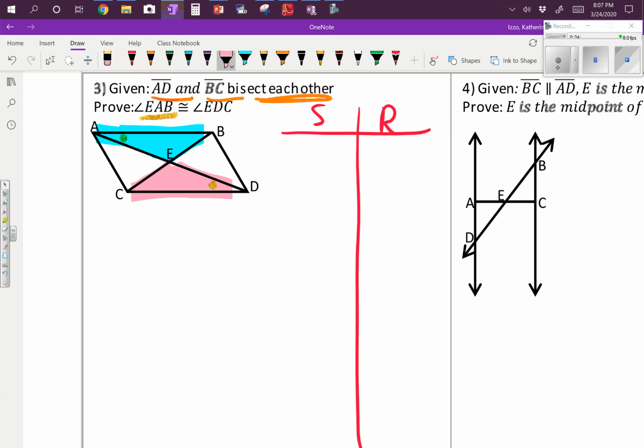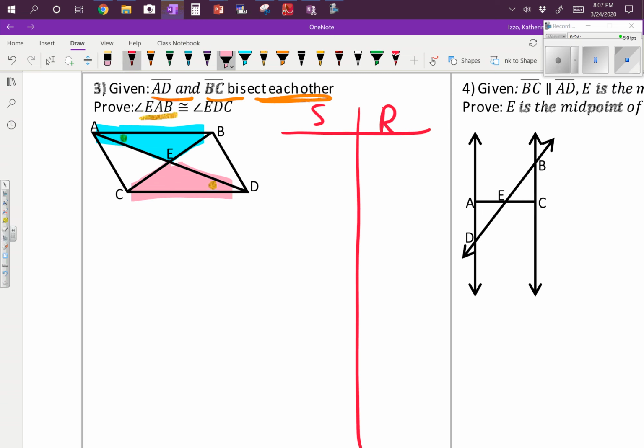So that given wouldn't be helpful to us. So based on the given, we have to figure out which triangles we want to prove in order to find how those angles are the same.